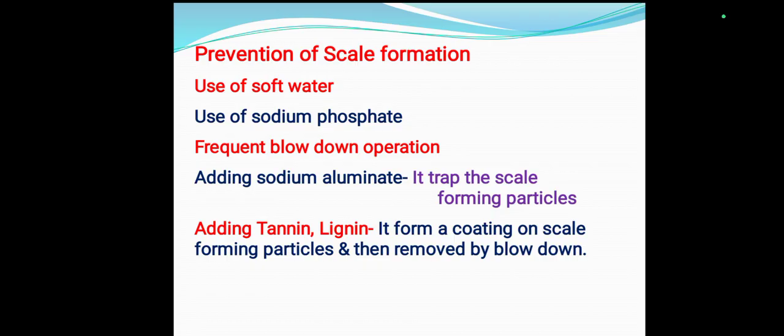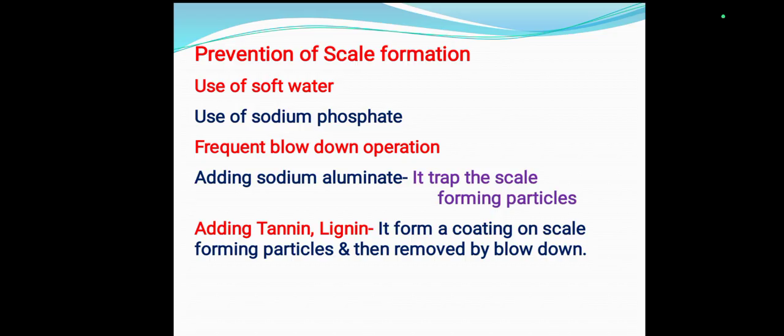Then the second prevention, use sodium phosphate for water treatment. If we use sodium phosphate for water treatment, scale formation chances will not be there. Then the next thing, carry out frequent blowdown operation to prevent scale formation. Or you can add the chemical sodium aluminate.